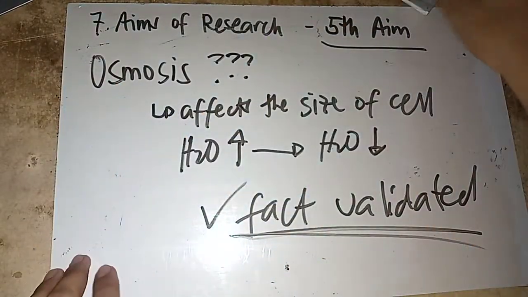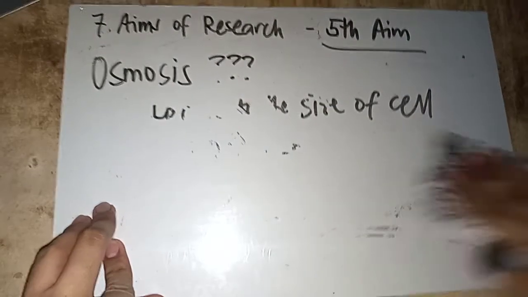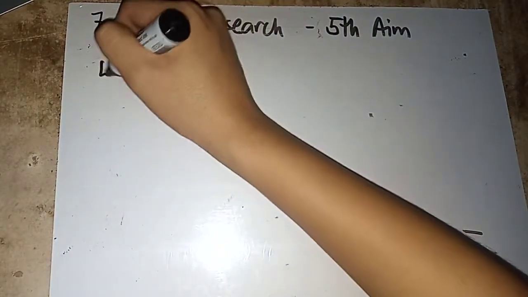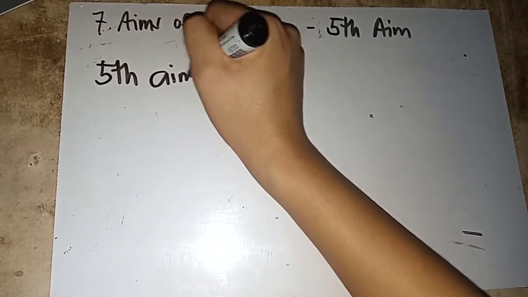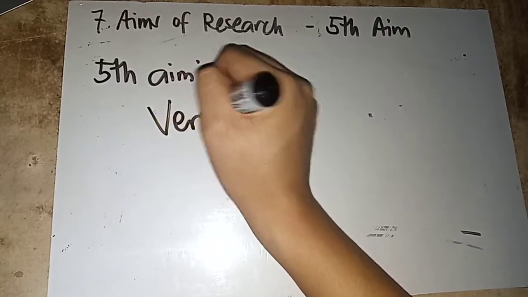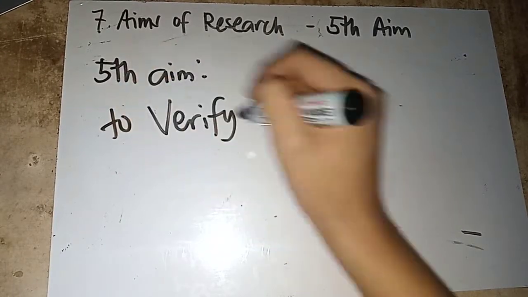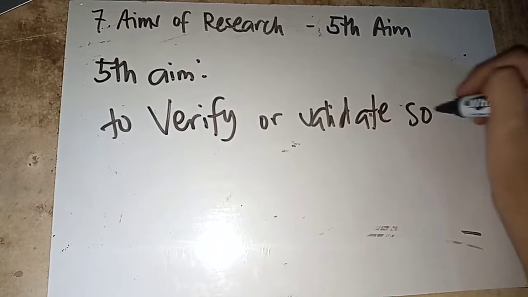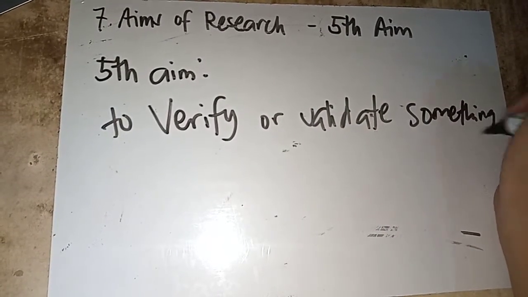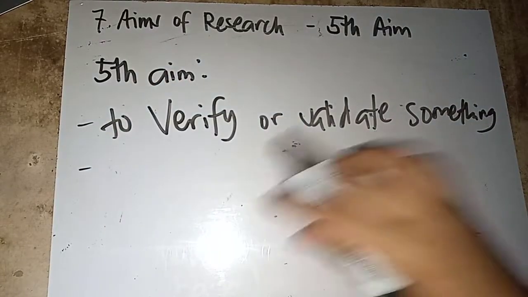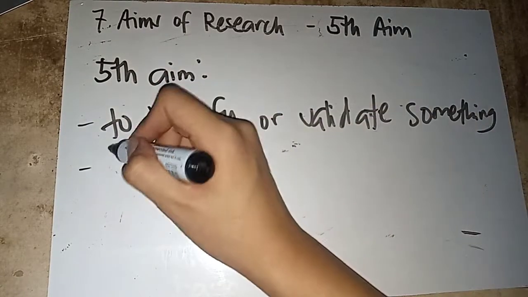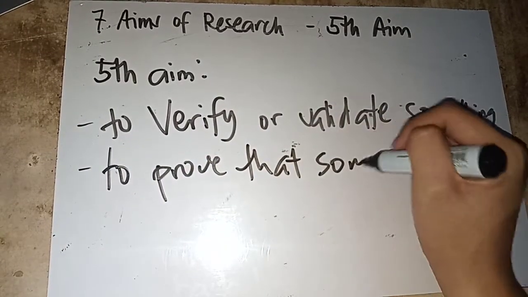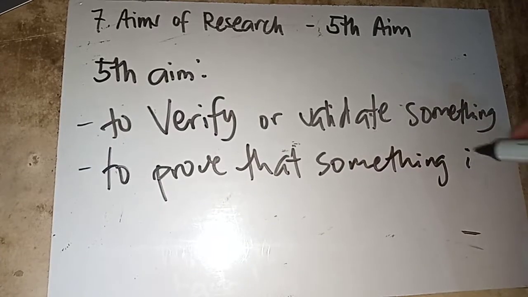And what is the fifth aim of research? Can you guess? The fifth aim of research is to verify or validate something, or to prove that something is true.